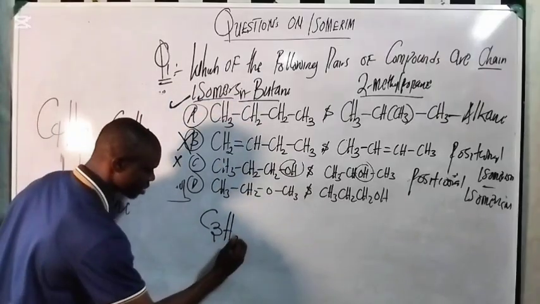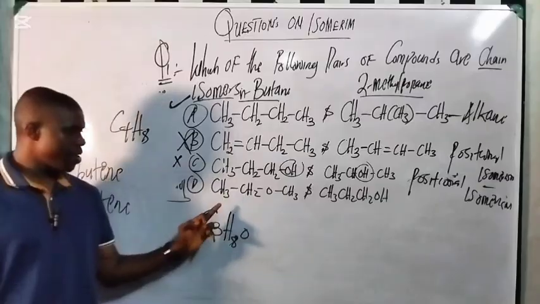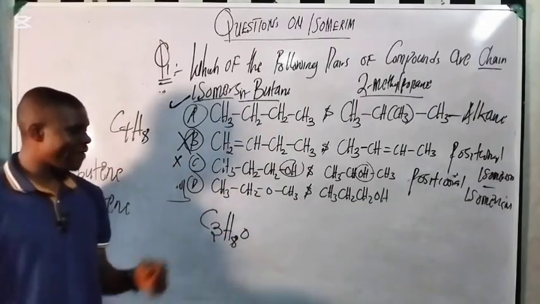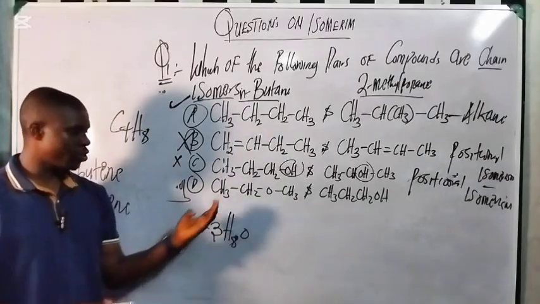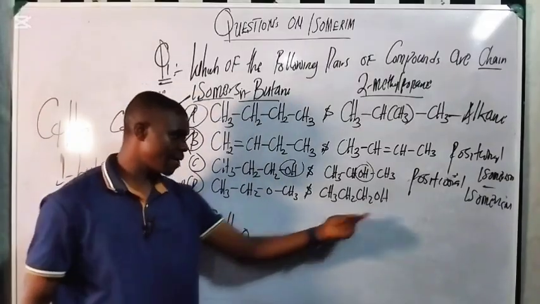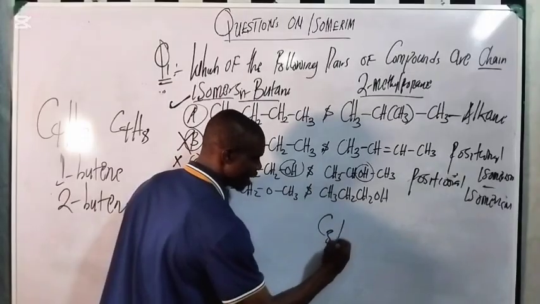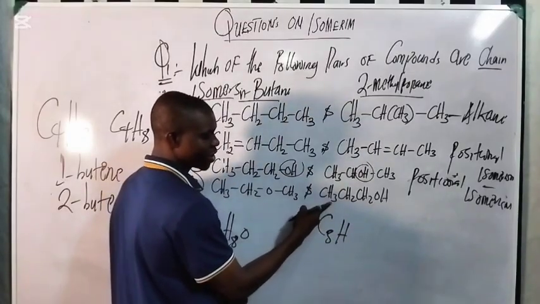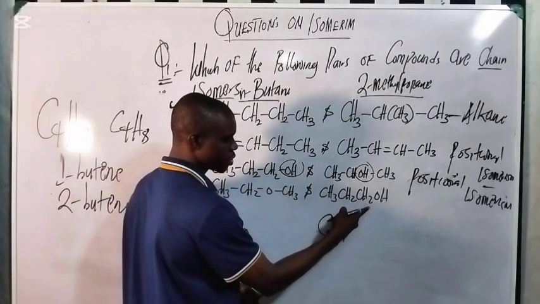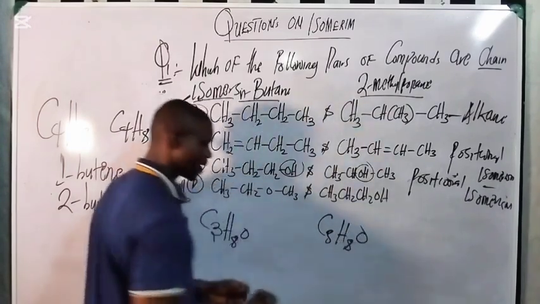Here we have C3H8O. The same thing here: C3, 1, 2, 3, and hydrogen 3 plus 2 plus 2 is 7, 8. Also 8 here.